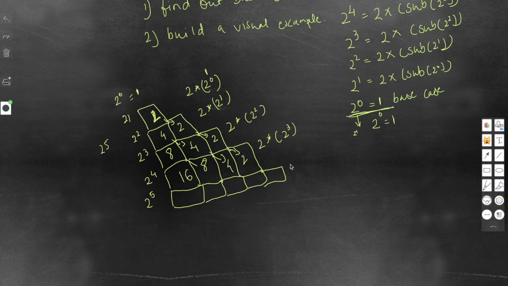Now if I want to calculate 2 to the power 5, what I can do is multiply myself with the sub problem result, that is 2 to the power 4. So 2 to the power 1 is 2, 2 to the power 2 is 4, 2 to the power 3 is 8, 2 to the power 4 is 16. So this result we have, I will multiply myself with that, that is going to be 32.